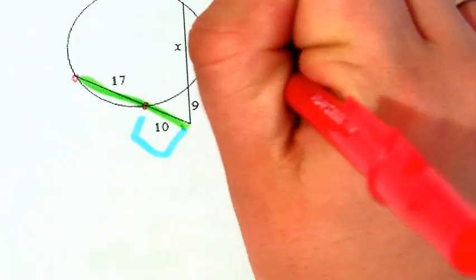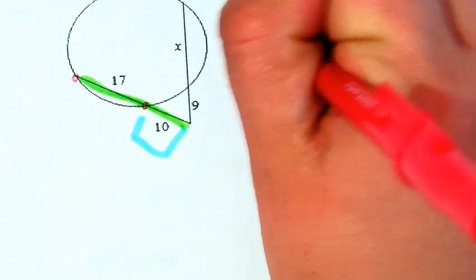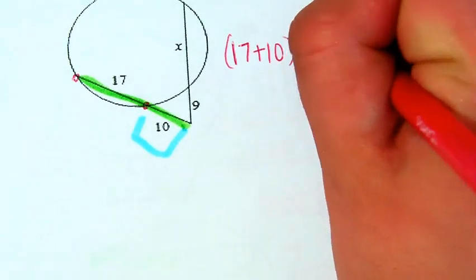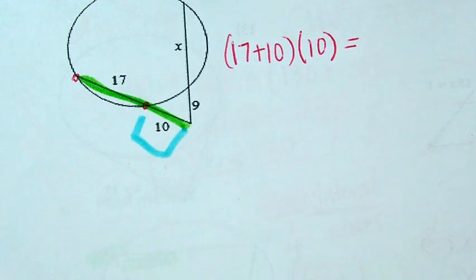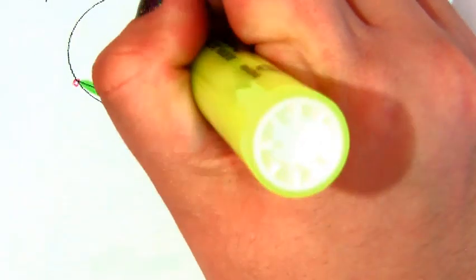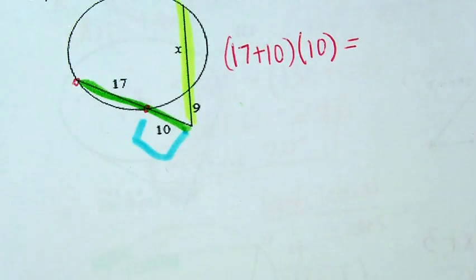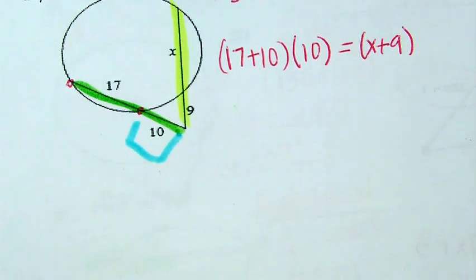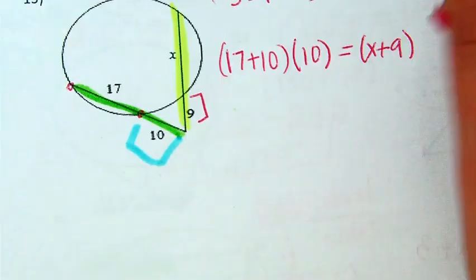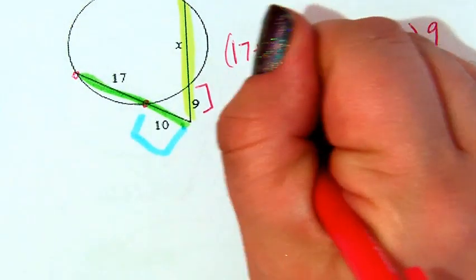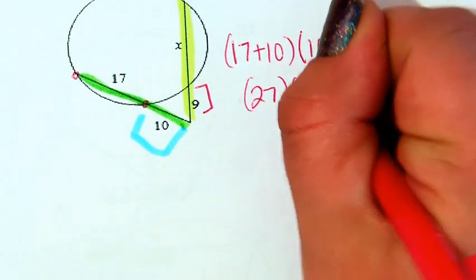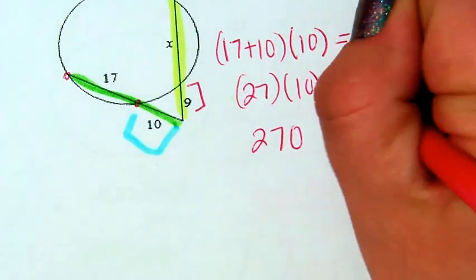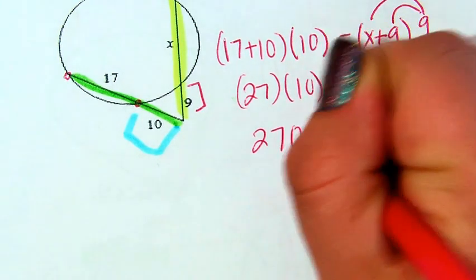So we're going to have 17 plus 10 for the whole green piece multiplied by 10. And that's going to equal the other side, which is not 9x, but 9 plus x, or x plus 9, times the exterior, which is 9. So we end up with 27 times 10, 270. That's going to equal 9x plus 81.